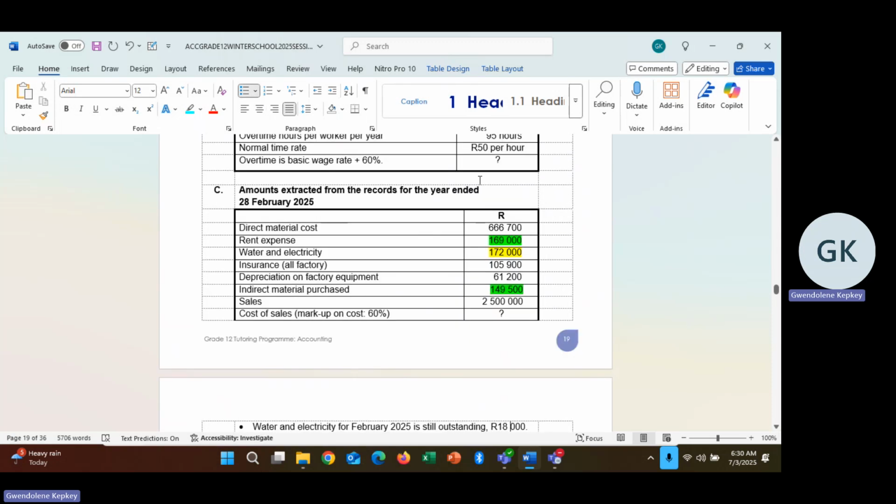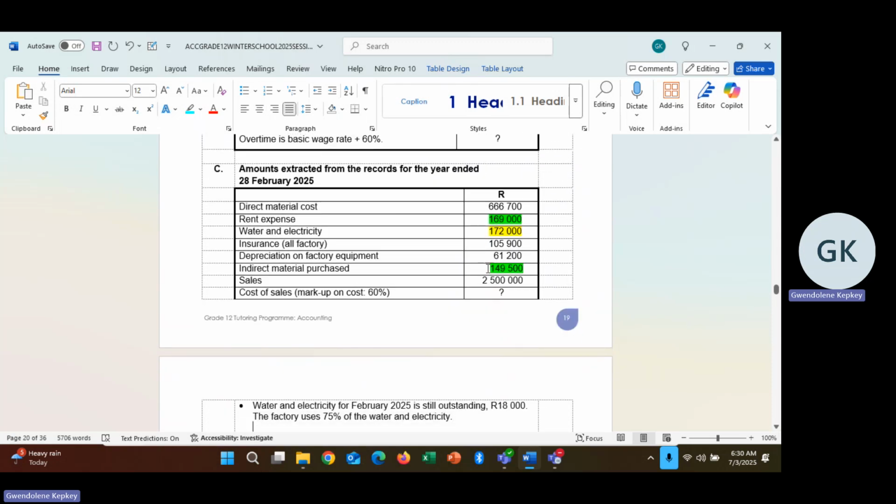How do I get the amount for cost of sales? Remember, that is the sales. And I know that my markup is 60%. So if I take 60% of 2,500, I will get my cost of sales amount. If you don't mind, let ma'am put it in, quickly multiply.